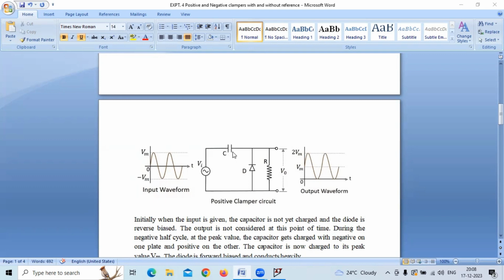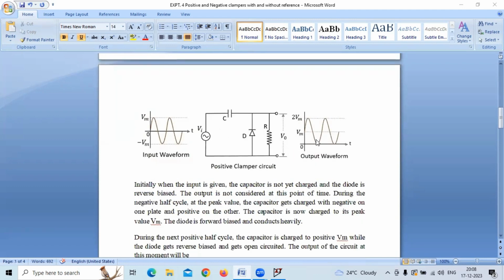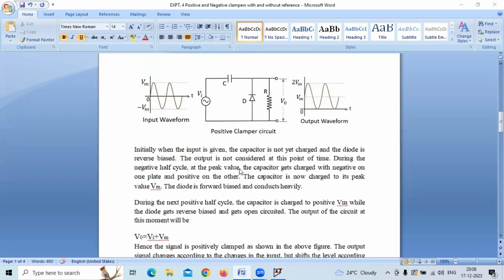In the previous cycle, the capacitor was charged to plus Vm. So that voltage will be discharged when this is open circuited. So V0 is equal to the applied input voltage plus the discharged capacitor voltage. Therefore, the output waveform is clamped, meaning it has shifted above this zero level.